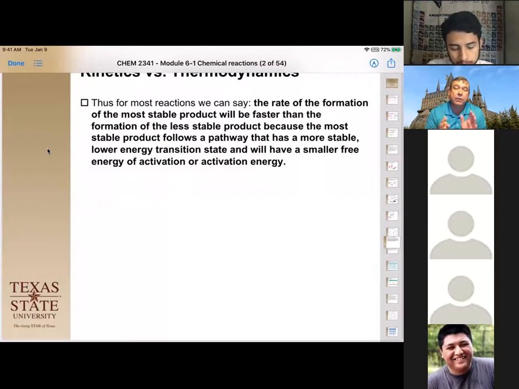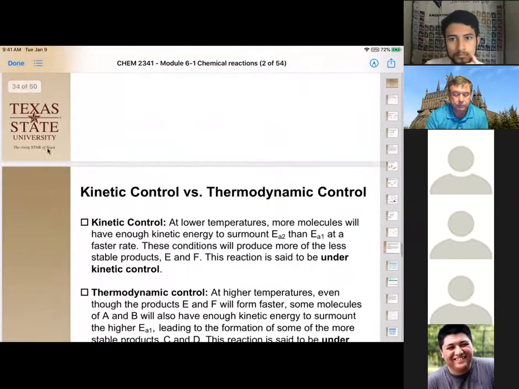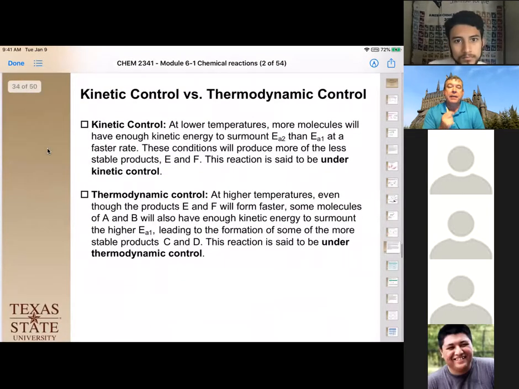So in general, most reactions are kinetically and thermodynamically favored, but that's not always true. And looking at the reaction diagram helps you determine whether it's true or not. Okay, so that being said, we can have two different types of reactions. We can have a kinetically controlled reaction or a thermodynamically controlled reaction.